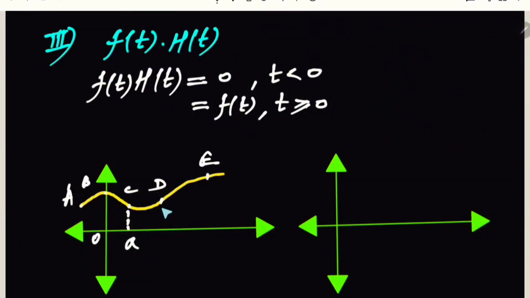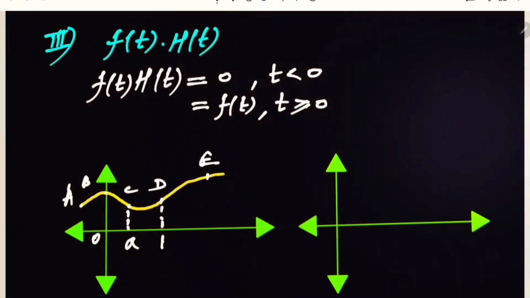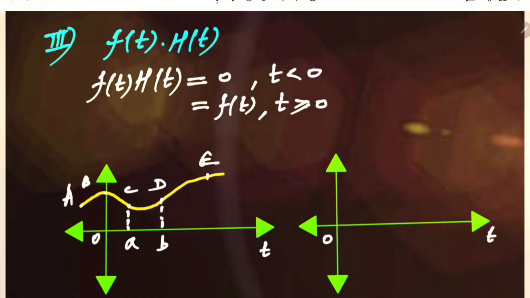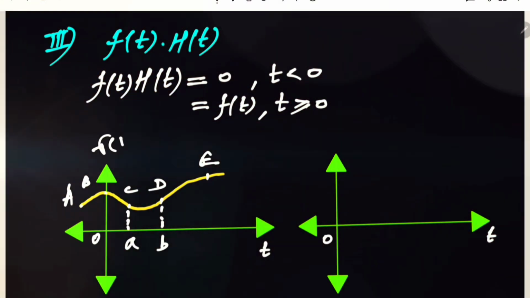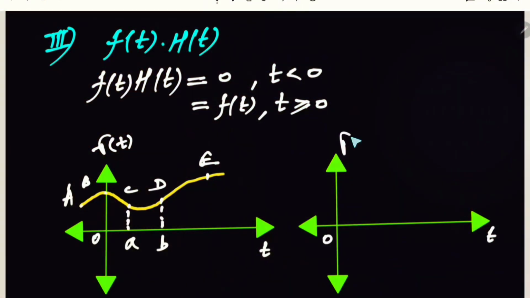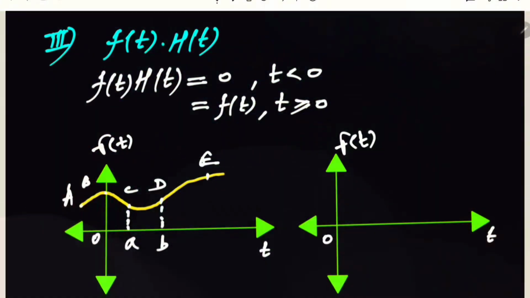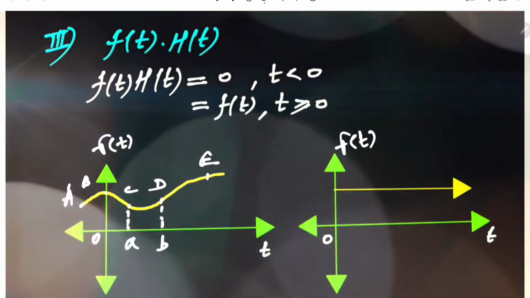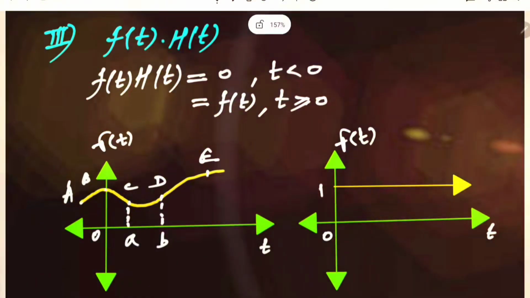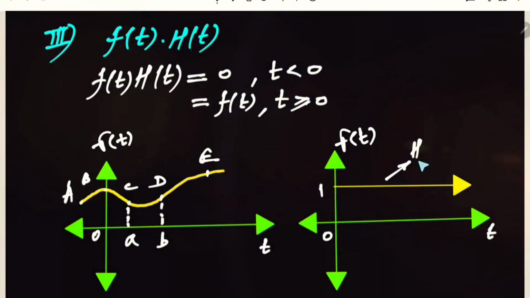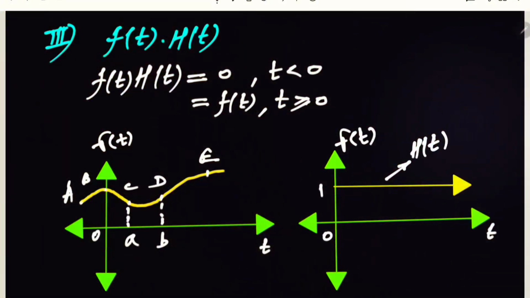Corresponding values are 0 for c, it is a, and for d it is b on t axis. This is the continuous graph representing f of t, and another graph which represents unit step function. This is h of t.